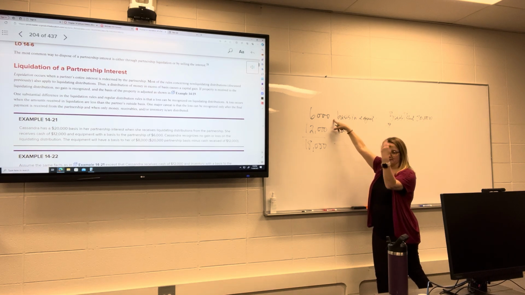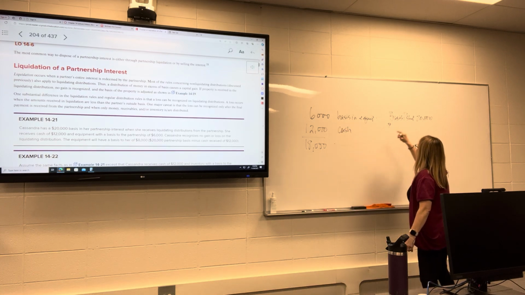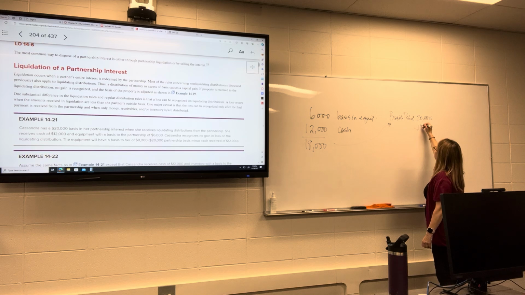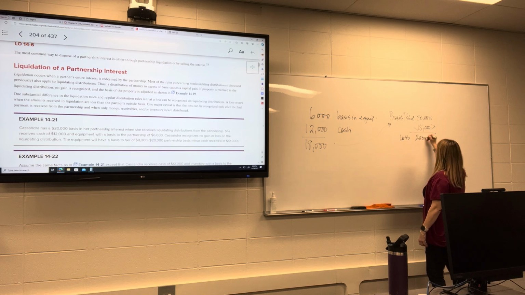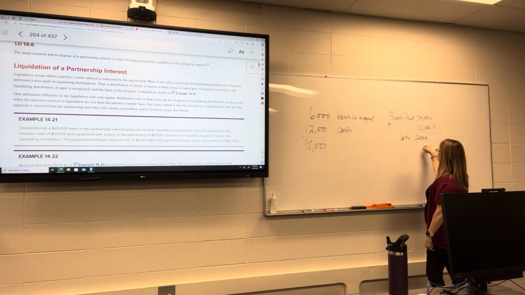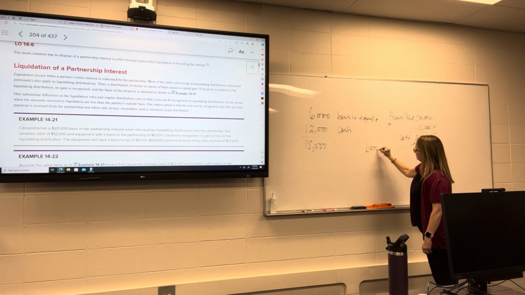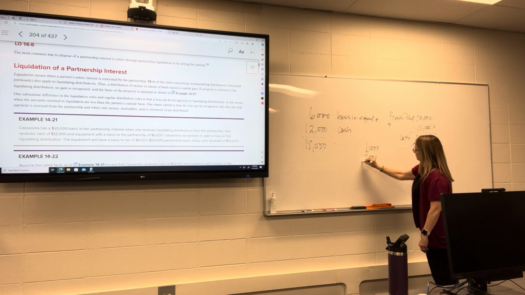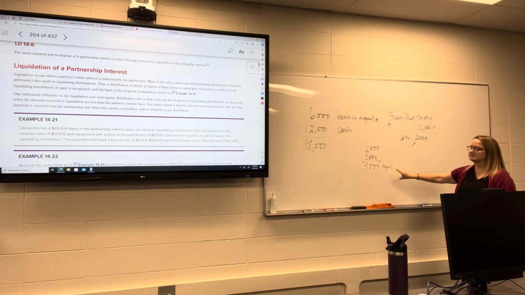The partner is stepping into the shoes of the partnership. But she has a loss of $2,000. So what she's going to do is attach that loss to the basis of the equipment. So the new basis in the equipment is $8,000.